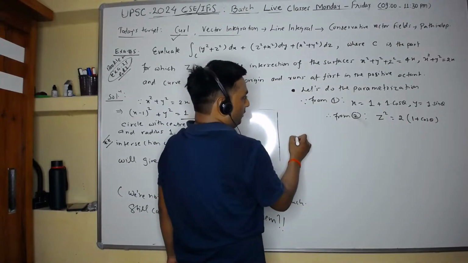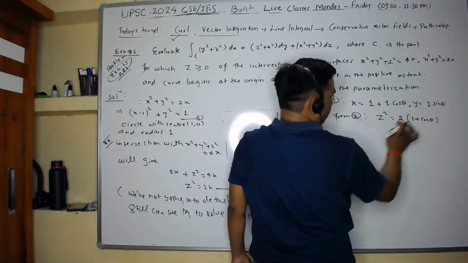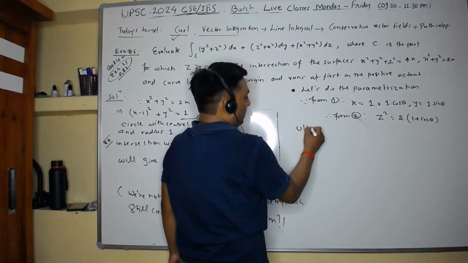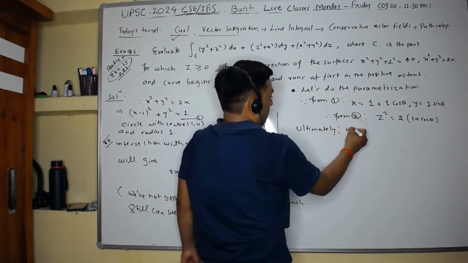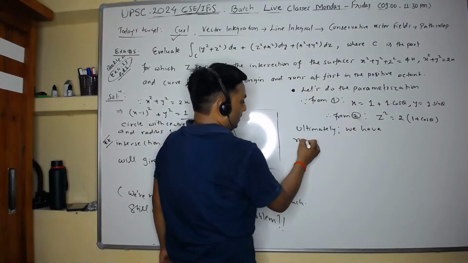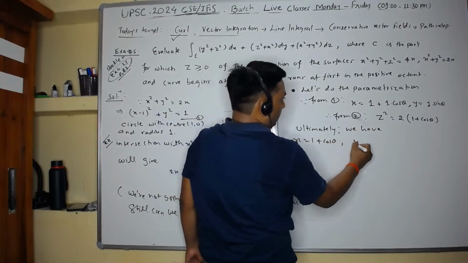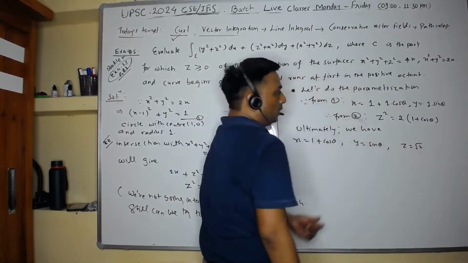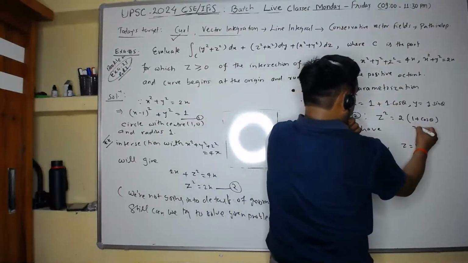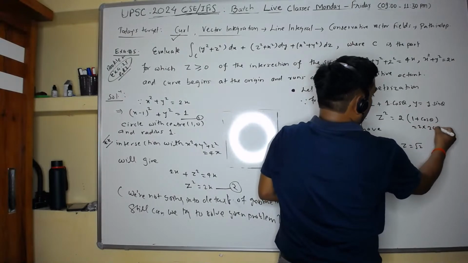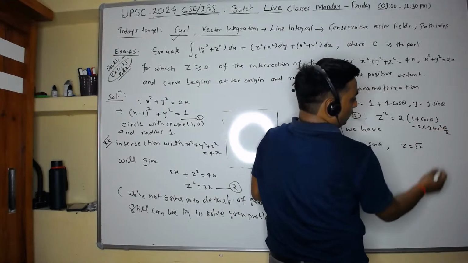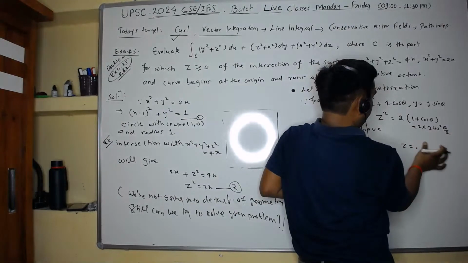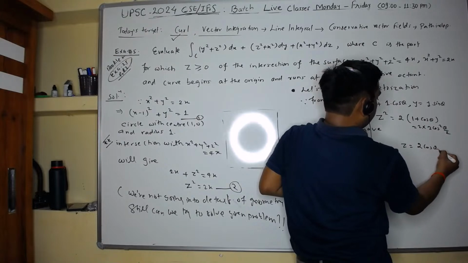So ultimately we have x as 1 plus cos theta, y as sin theta, z as root 2 into (1 plus cos theta), that can be written as 2 into 2 cos square theta by 2. So that is z square equals this. So z will be 2 cos theta by 2.